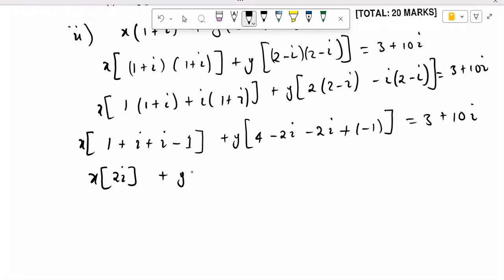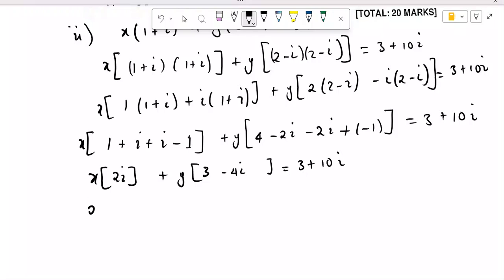Plus y. And inside the bracket here you have 4, minus 4i, minus i squared, or minus 1. So I can just say 4 minus 1, it will be 3. Just write 3 here, minus 4i, equal to 3 plus 10i.